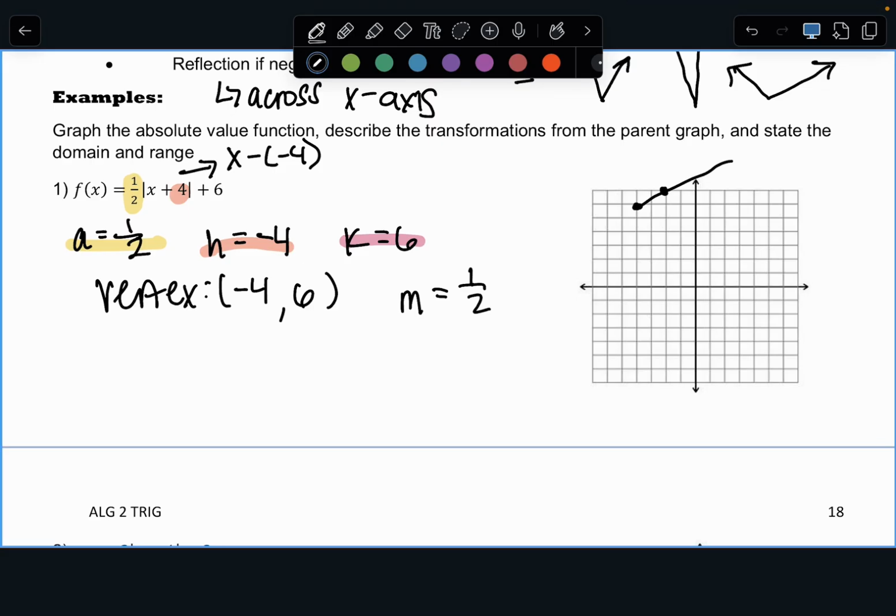And I'm only going to put that 1 point because the rest is going to fall off. So half of my graph is done. I just have to mirror image it on the left. So instead of having a positive slope of 1/2, I'm going to have a negative slope. So I'm going to go up 1 to the left 2. Connect my dots, and I'm done with my graph.